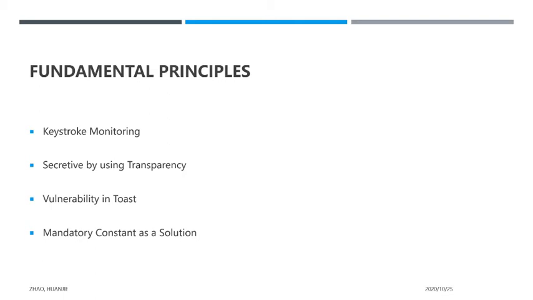To launch this attack, a default constant of toast needs to be erased. So basically, the countermeasure is to make the corresponding constant mandatory, to eliminate the possibility of the attack in this way. So that's all of the fundamental principles.